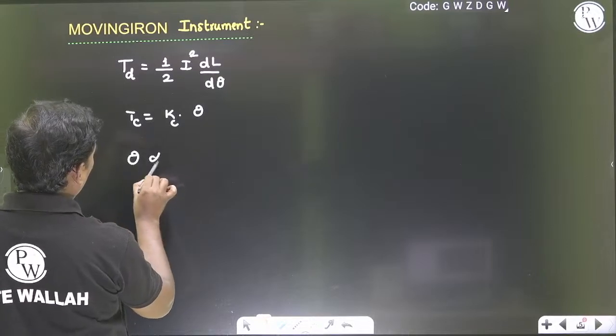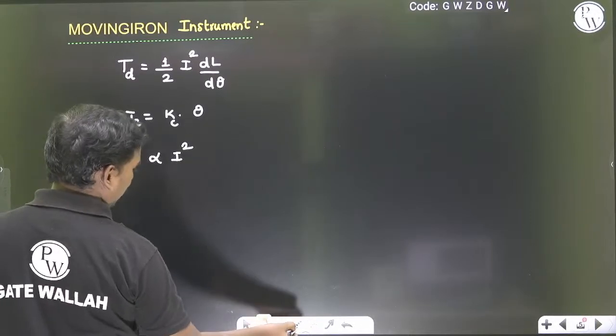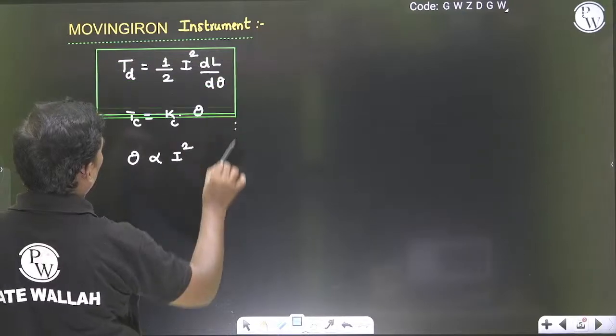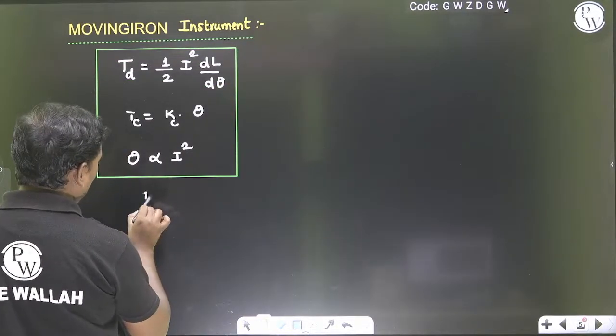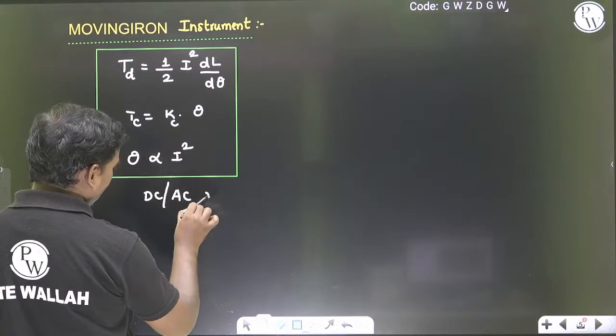So theta is proportional to I square, which is possible for DC as well as AC measurements.